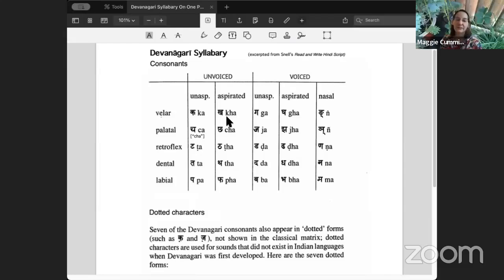Ka, which is non-aspirated, kamra. Kha, khana. If you were to say kana, it would not make sense, right? But if you say khana with the air, that's food. Next one is ga, no air, as in gamla, pot.